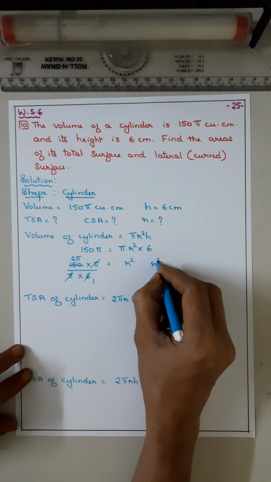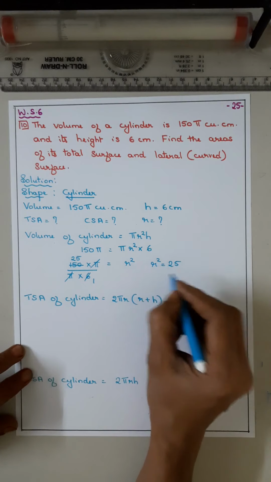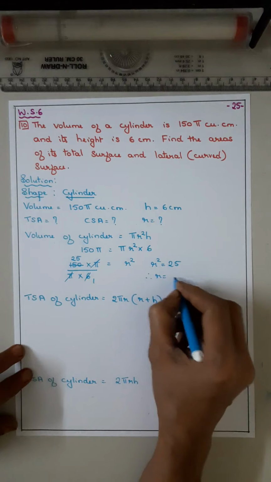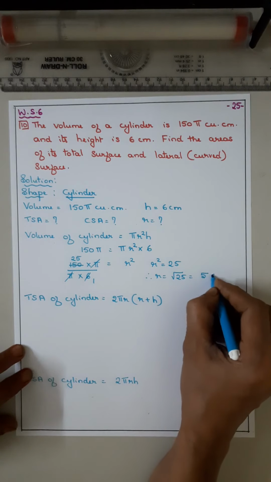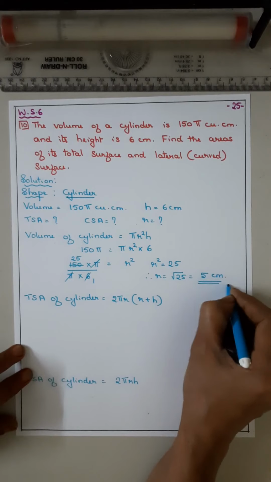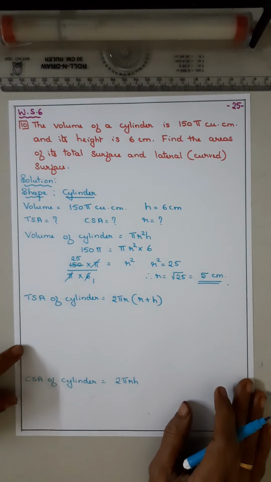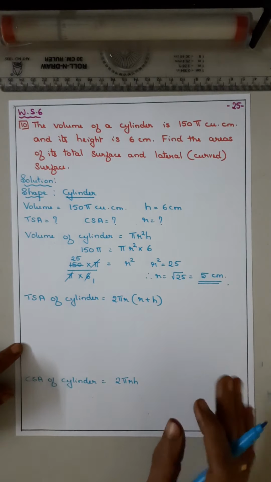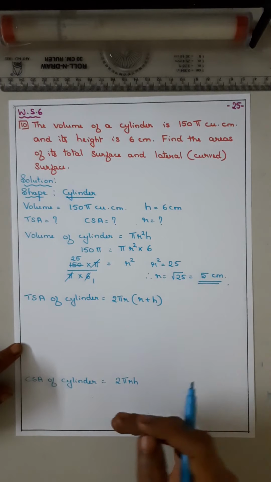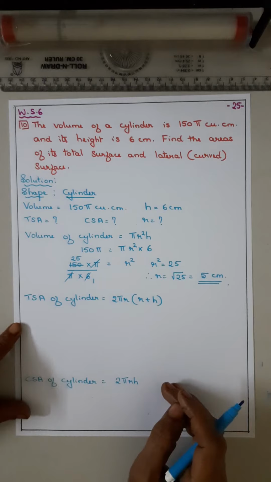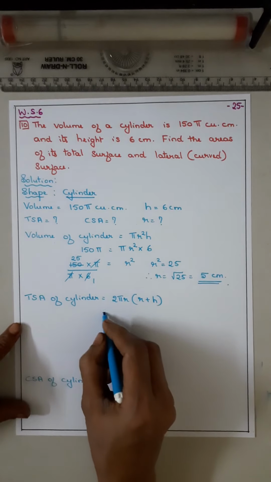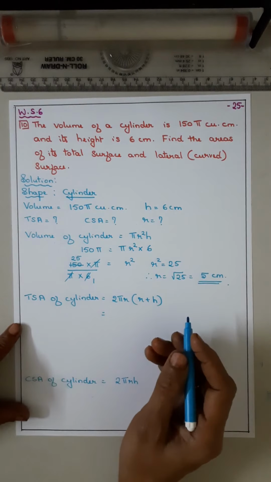So r squared is equal to 25. Therefore r is equal to square root of 25. That is 5 centimeter. That was what? The radius. Now taking that radius, find out TSA and CSA. So TSA, what is the formula? 2 pi r plus h.